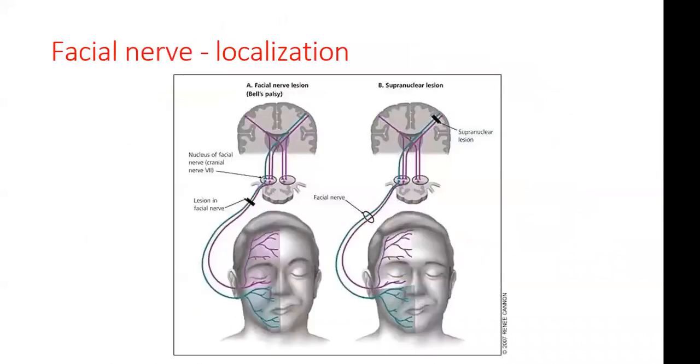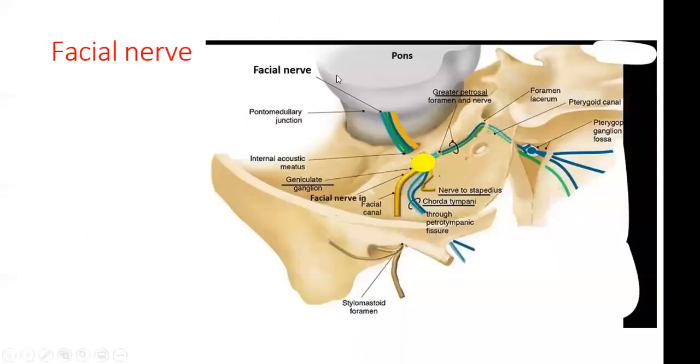Sixth nerve palsy. And it also causes contralateral hemiparesis and some cerebellar signs on the same side, because there are cerebellar connections. So a pontine lesion can cause lower motor neuron facial nerve palsy. If it is a pontine lesion, then you're going to get hemiparesis and a sixth nerve palsy on that same side.